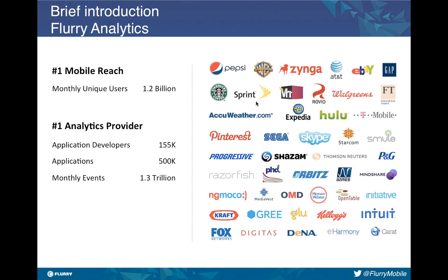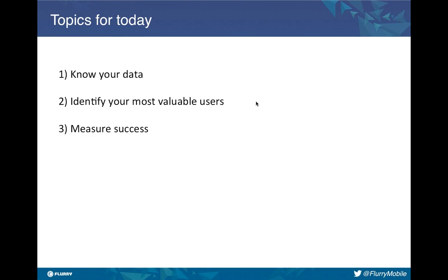Both good partners. Yeah. So we're going to go over a few topics today. The first thing we're going to talk about is you need to know your data. Your data is very important, and it can tell you a lot about the second topic that we're going to lead into, which is how to identify your most valuable users. Now, your most valuable users might be people that you can monetize, or your most valuable users might be people that bring more people into your ecosystem.